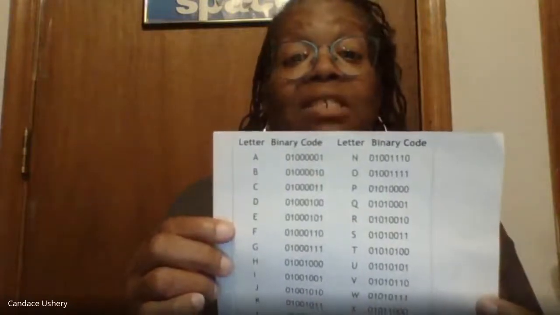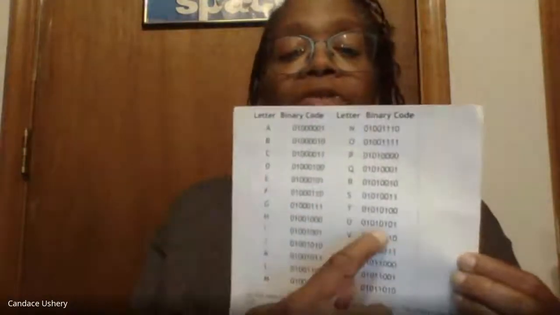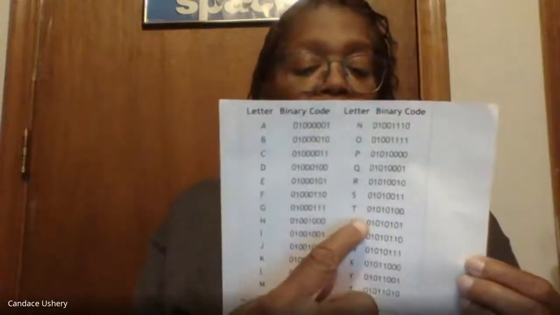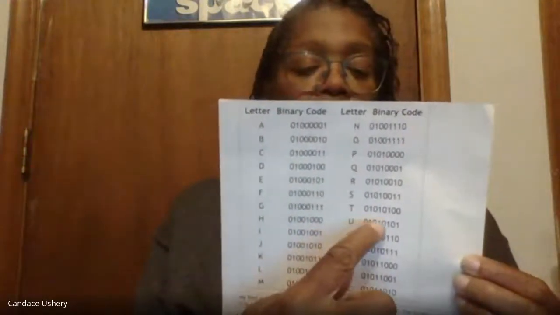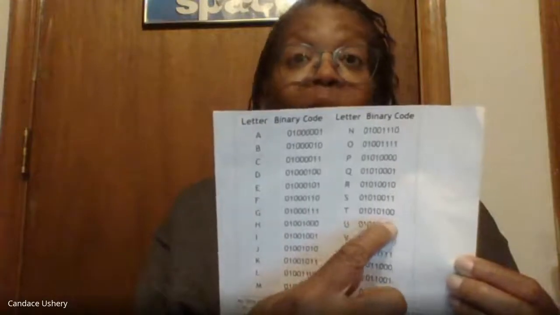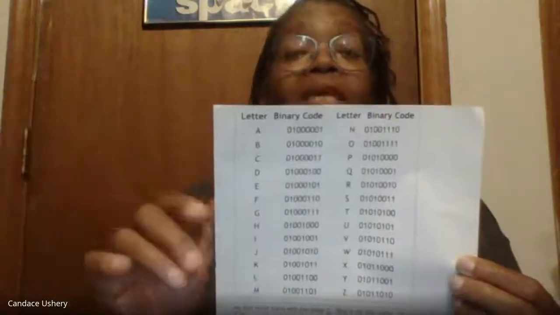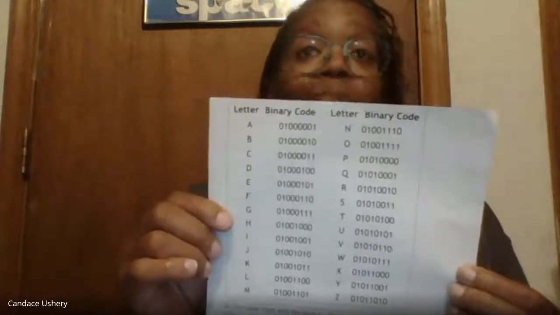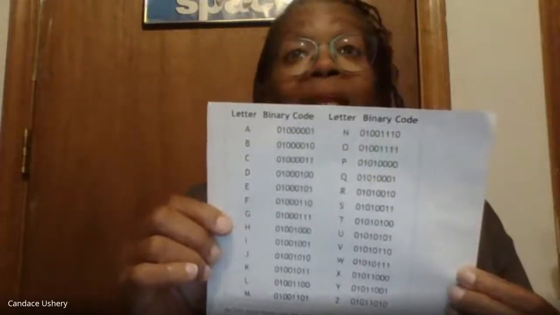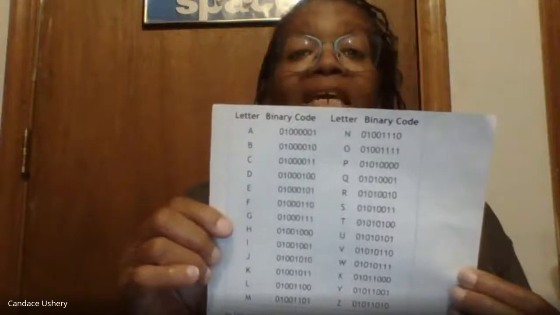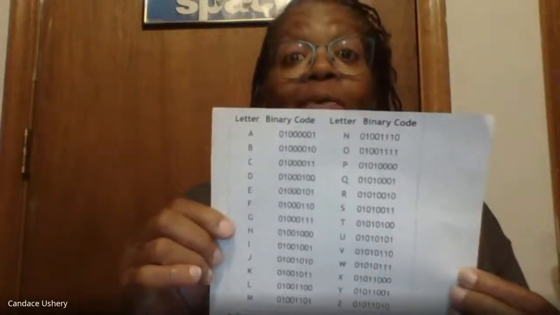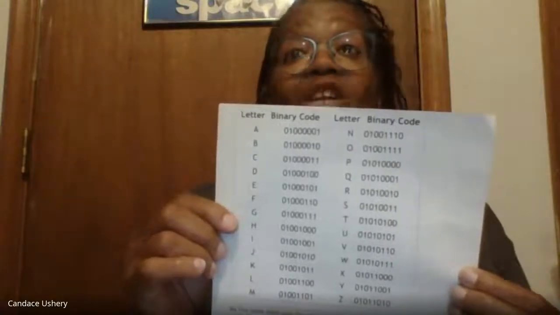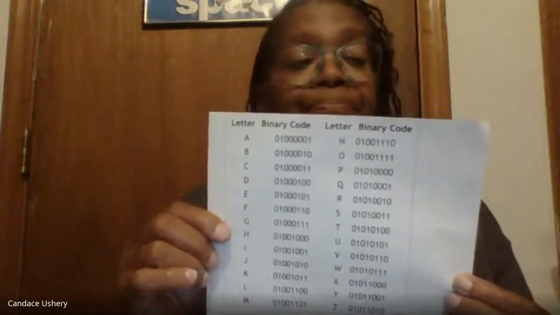My last name is Ushery, which starts with a U. That being 01010101, very repetitive. In colors, that would be black, white, black, white, black, white, black, white. And on and off, that would be off, on, off, on, off, on, off, and on.